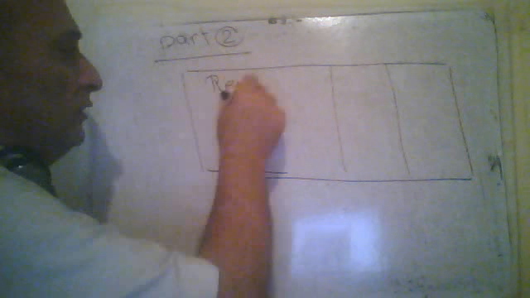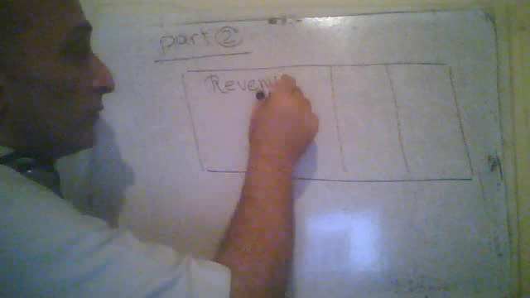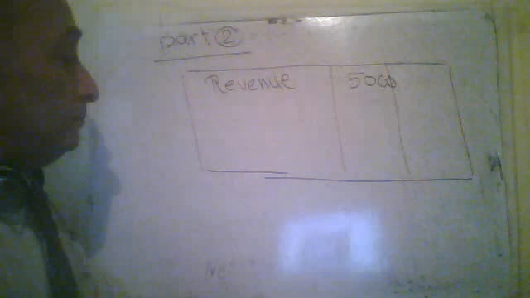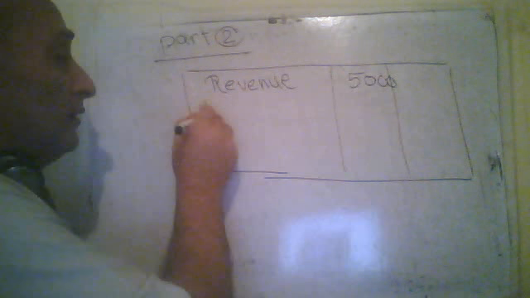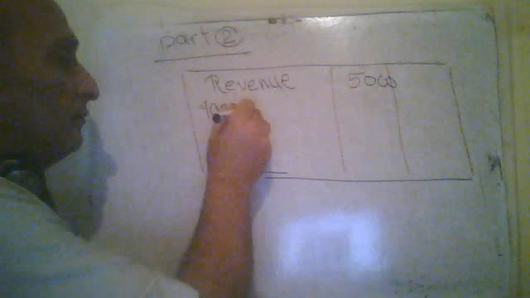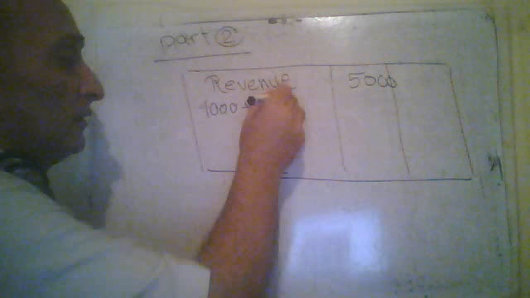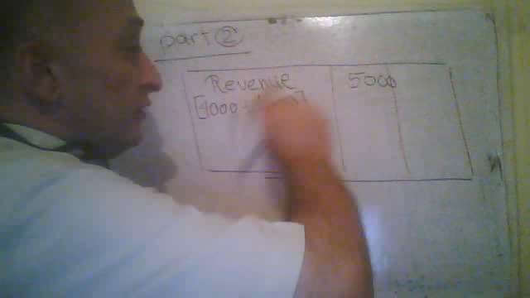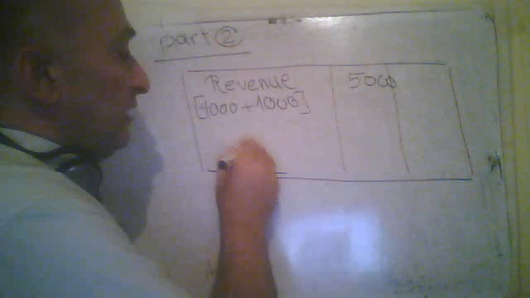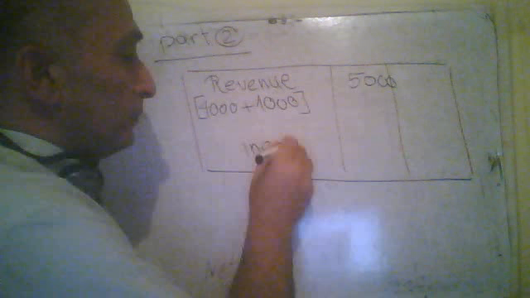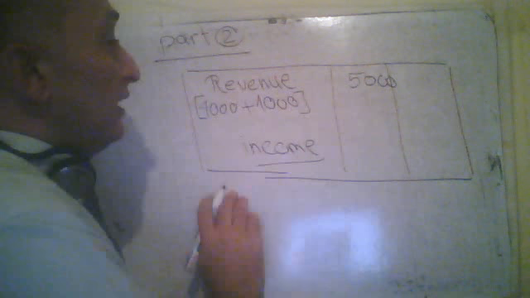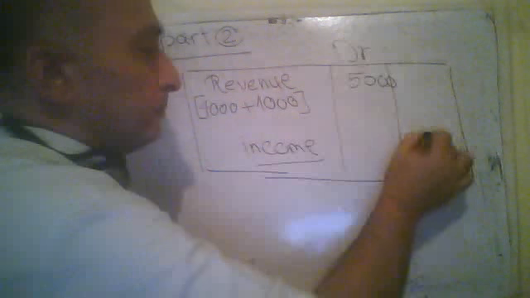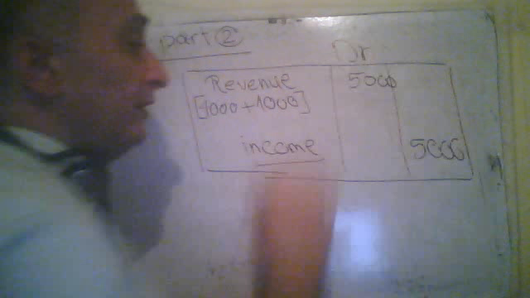Total revenue $5,000. You remember? 4,000 plus 1,000. Okay? Revenue will closing in income like revenue debit and income credit. Okay?